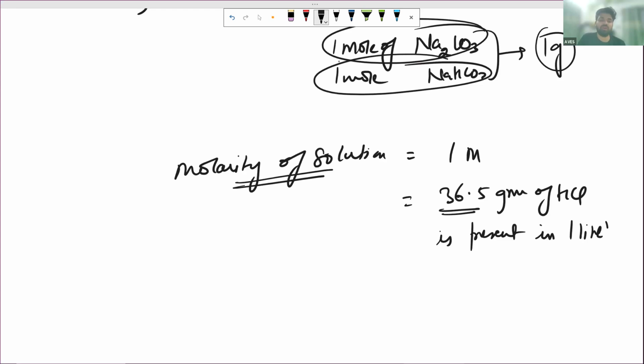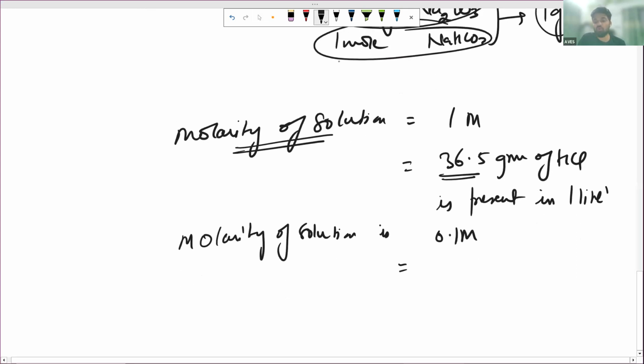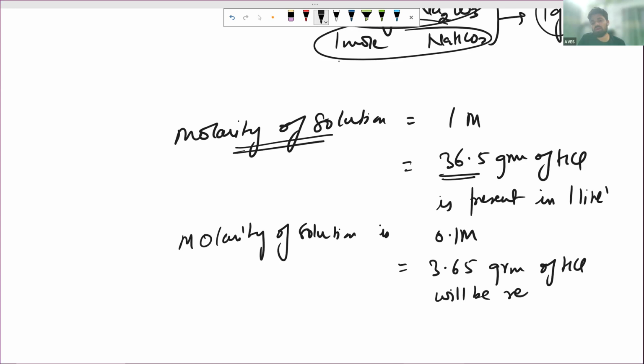And if I say the molarity of the solution is 0.1 M, it means that only 3.65 grams of HCl is present in 1 liter of solution.